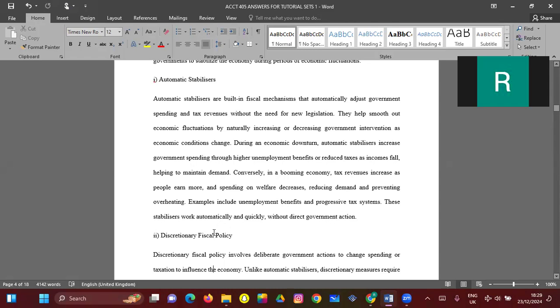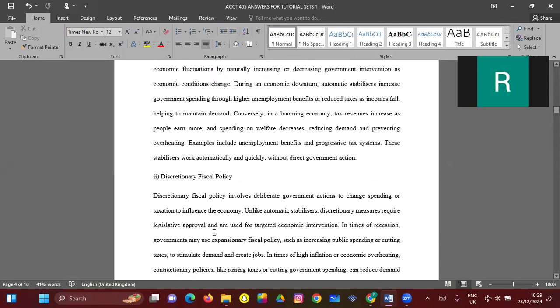So the discretionary fiscal policy also involves deliberate action to change spending or taxation. So here it is more or less like a policy will be put in place, right? Unlike the automatic one, the discretionary measure requires legislative approval, right?